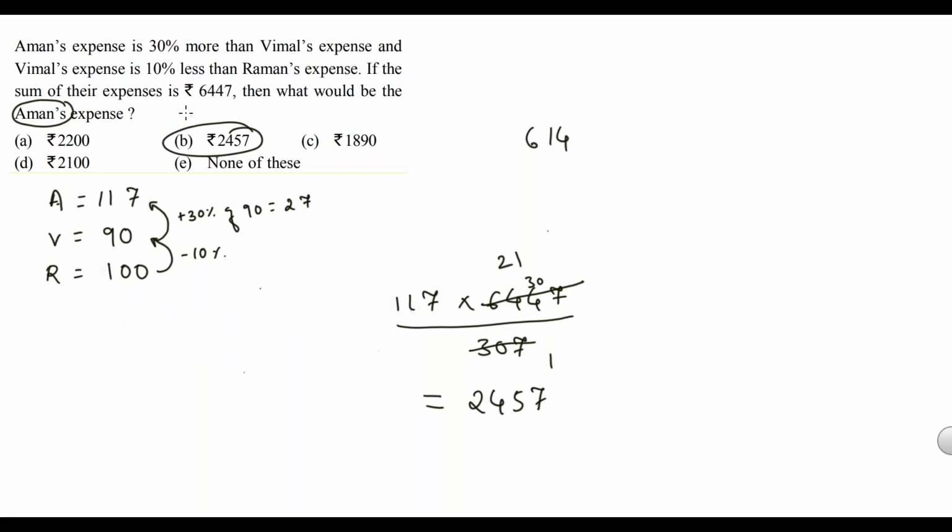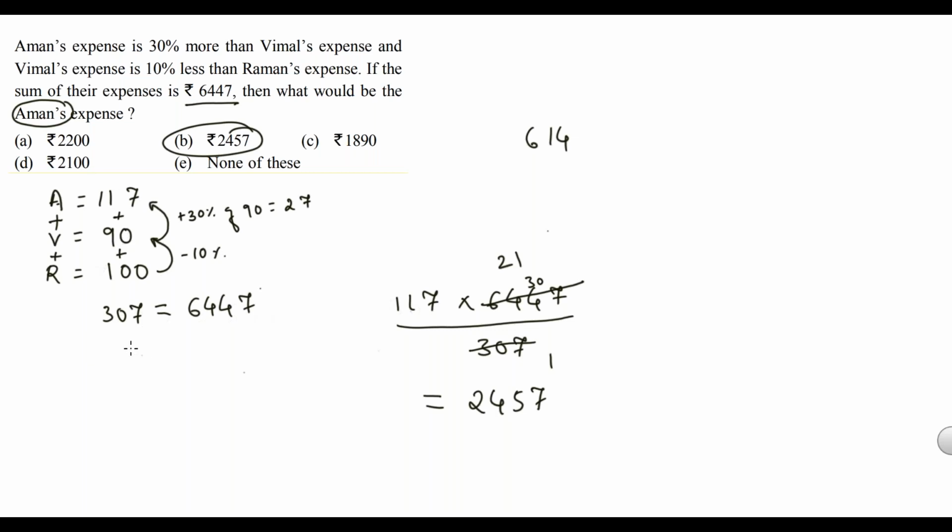So they are giving that the total of all the three expenses. So total of all the three expenses means Aman's expense plus Vimal's expense plus Raman's expense. Together, we are adding these numbers. 117 plus 90 plus 100. Together, that is 307. So we are considering if 307 value is 6,447.